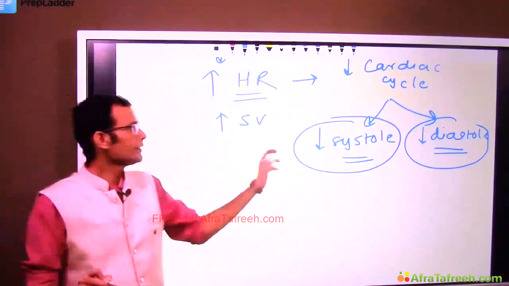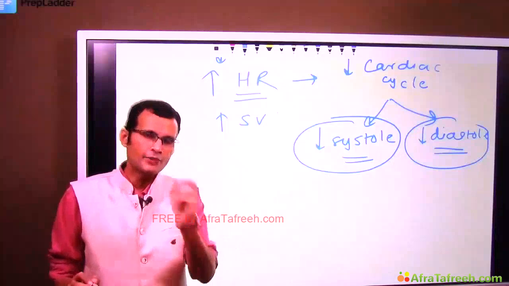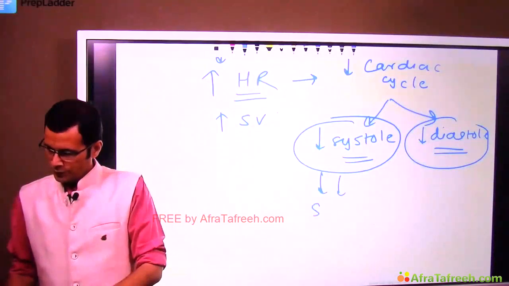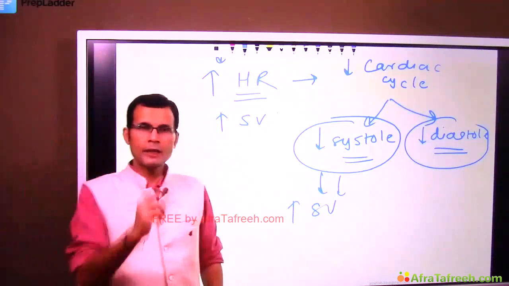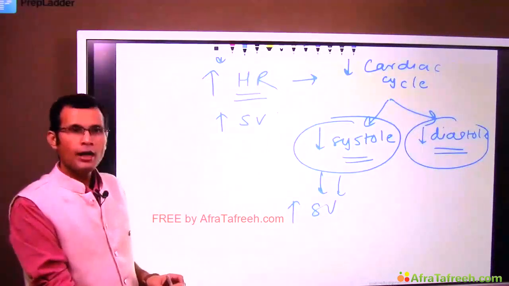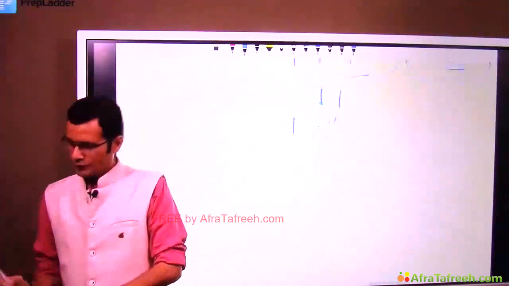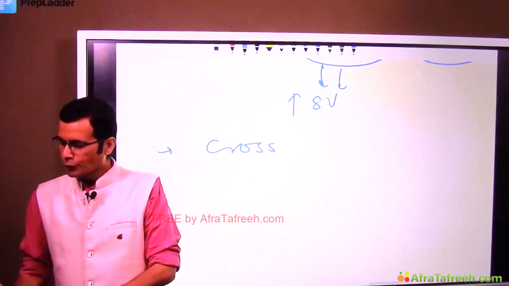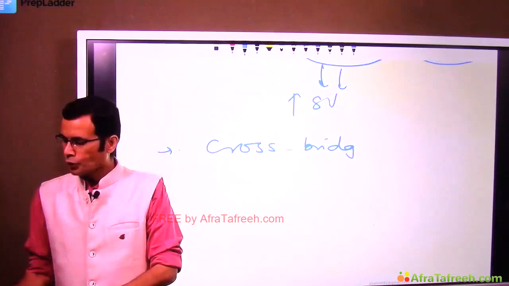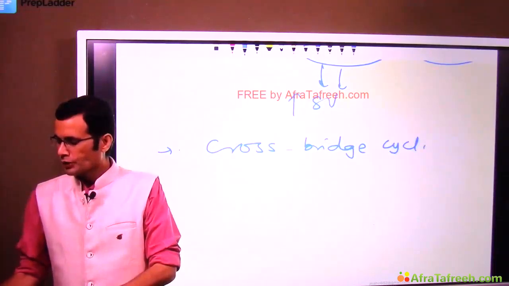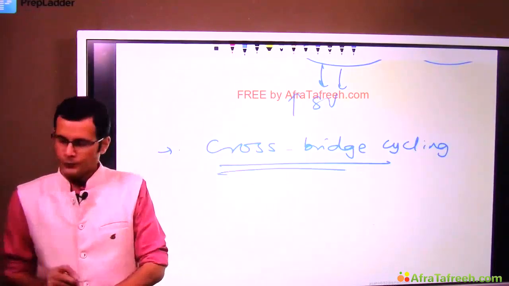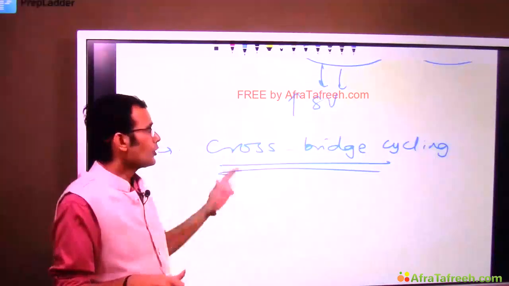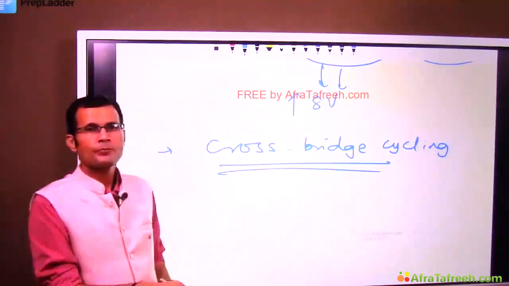Even if systole duration becomes less, in that lesser duration, stroke volume can be higher. How? Because of the influence on the cross bridge cycling. The catecholamines have an influence on cross bridge cycling.